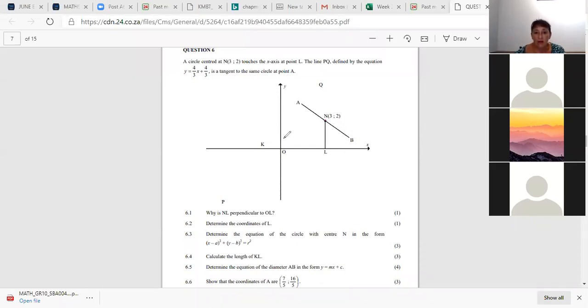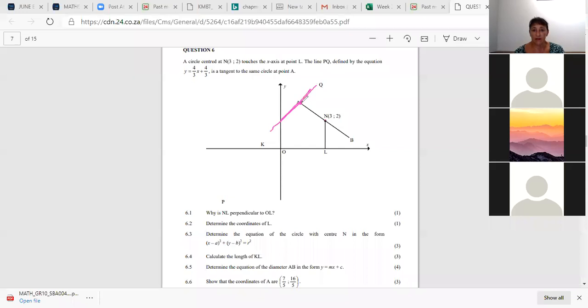Oh, the line PQ defined by this equation is a tangent to the same circle at point A. And they didn't say that B was on the line, did they? But in any case, they're saying that there is a tangent at A to the circle, and that's its equation.